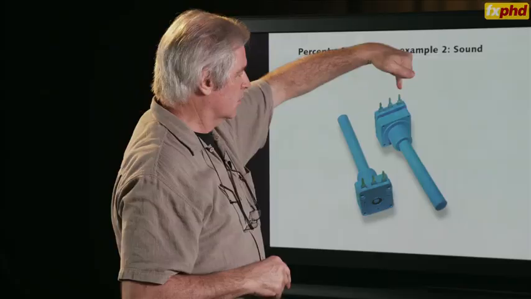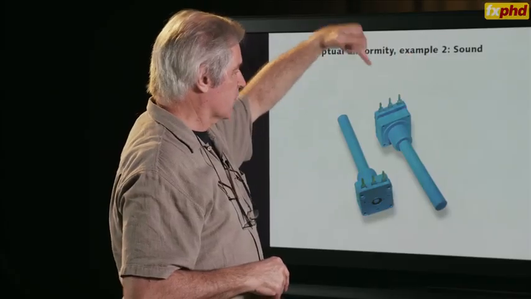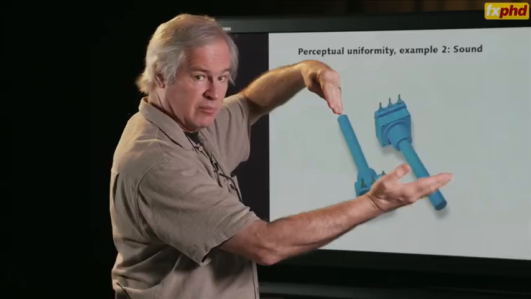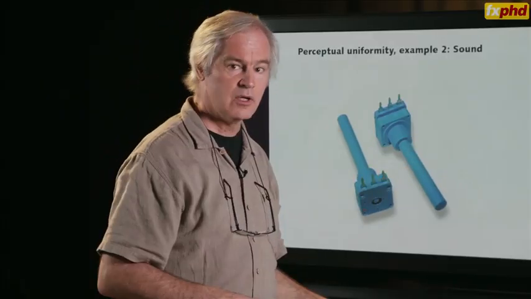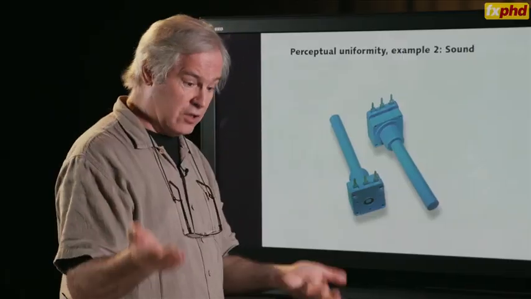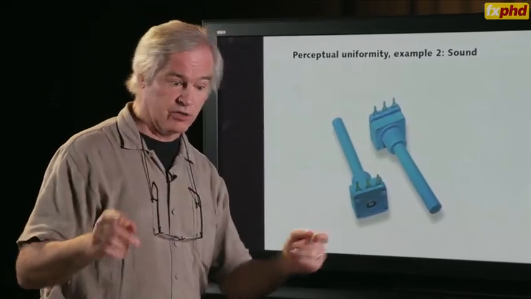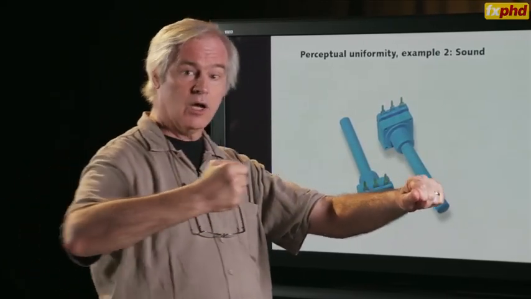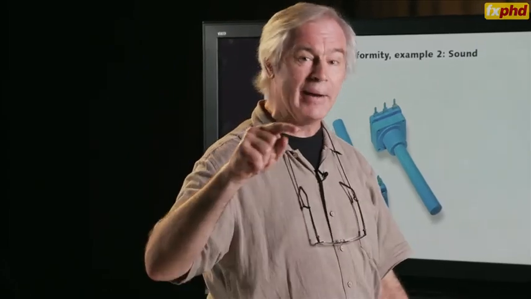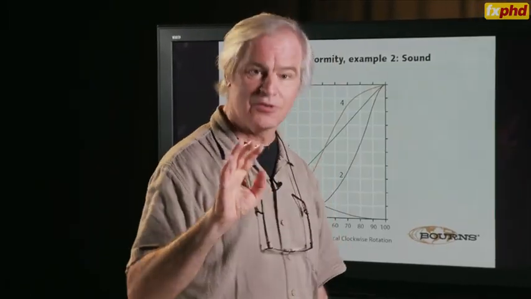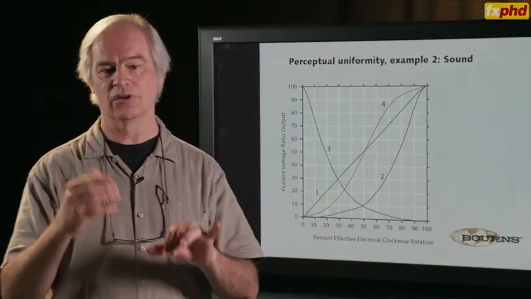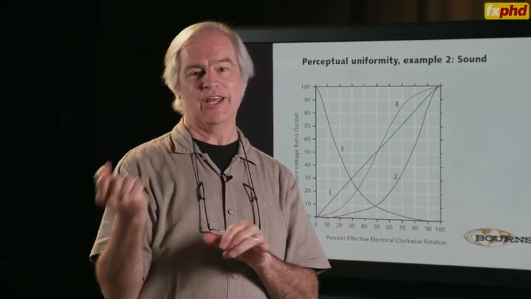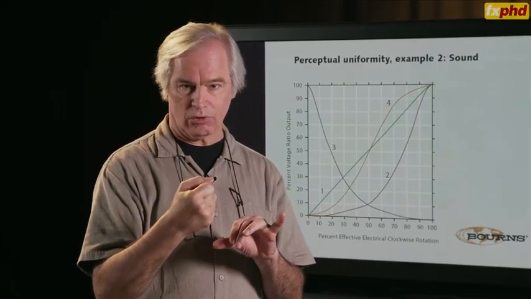There's an input, a reference voltage, and an output tap that's some fraction along the rotation. Now, the simple, easy, straightforward way to build a volume control is to build it to tap a linear amount of signal across that rotation. But if you do so, something really interesting happens. All the action ends up at the bottom of the control.